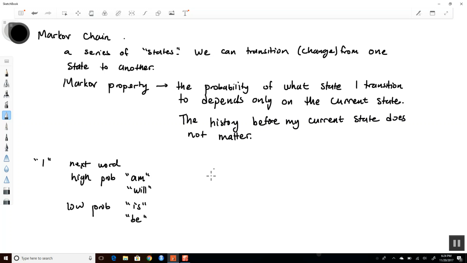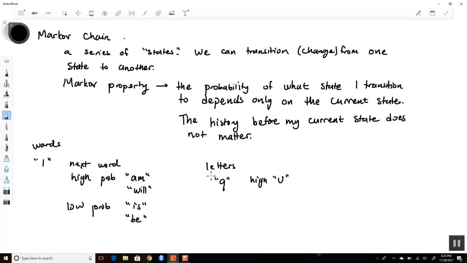Okay, but it could also be applied to words on a letter by letter basis. So this is kind of like for words, but for letters, if you have the letter Q, then you got very high probability for U, right?